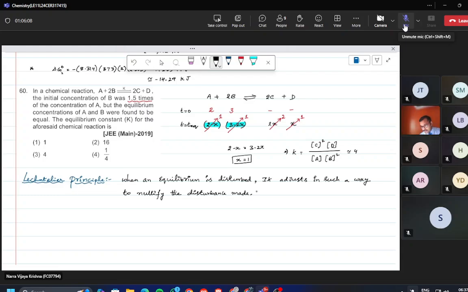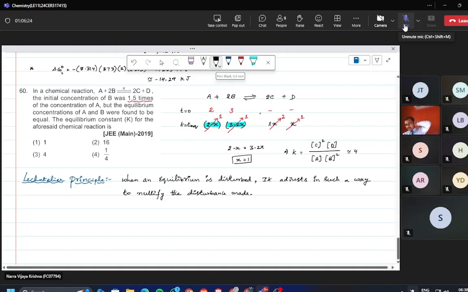Over. If I disturb an equilibrium, then equilibrium will adjust in such a way that whatever disturbance I created will be nullified. Right? Now your choice. Whatever disturbance you want, you do it.